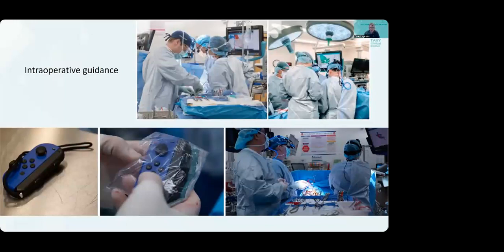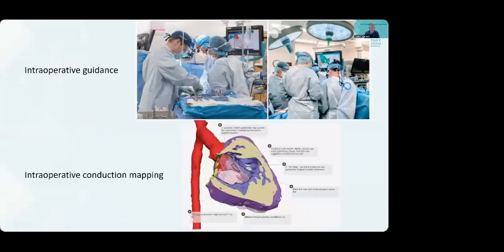We also use the models as part of an intraoperative conduction mapping program that's spearheaded by one of our other surgeons, Eric Fines, and two cardiologists, that has really allowed us to use an EP conductance mapping catheter in the operating room in these patients, particularly patients undergoing biventricular repairs where VSD closure or a baffle could put the conduction system at risk.